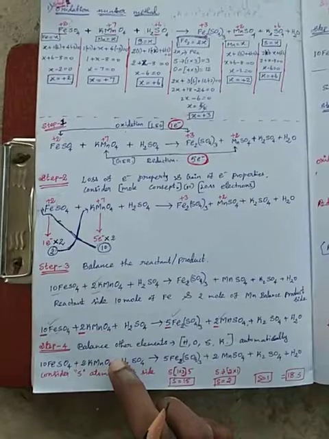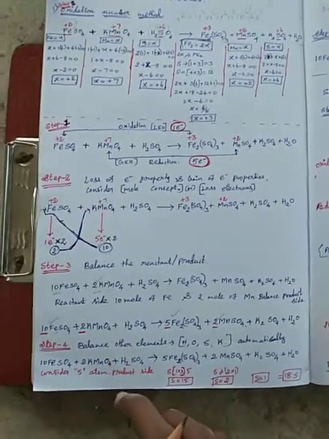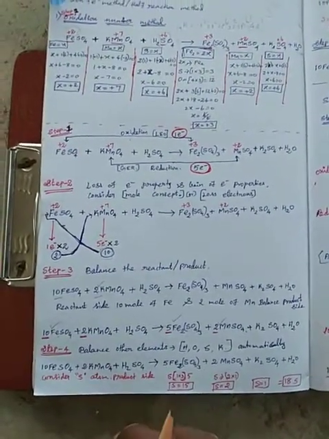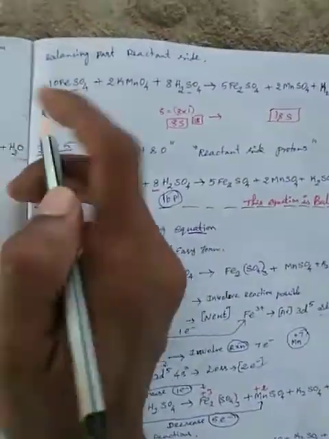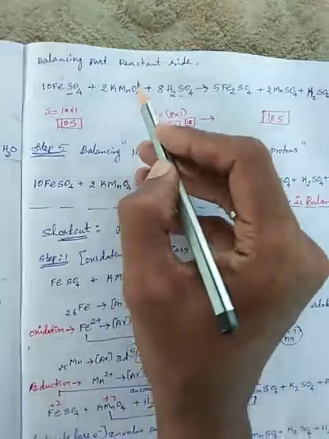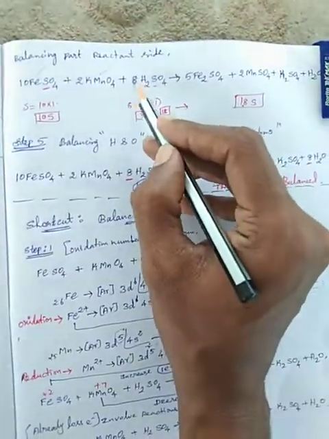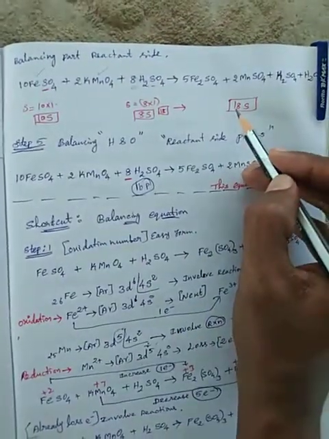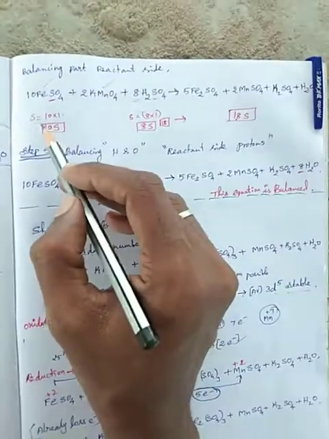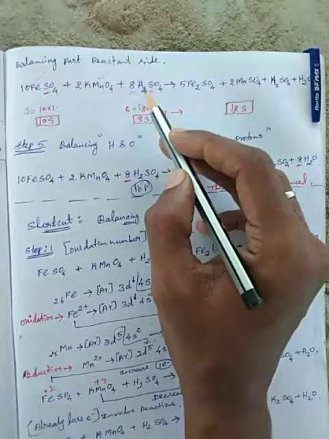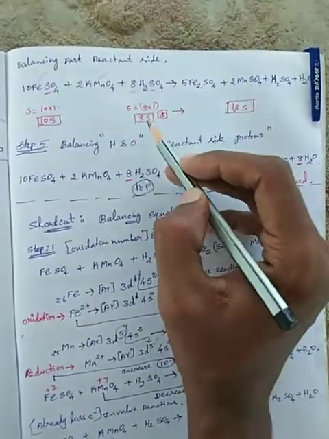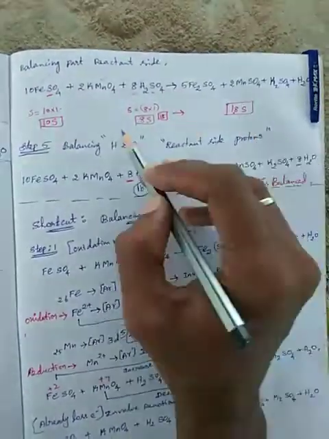So 8 is applied for sulfuric acid, equate the balance of the reaction. Here also complete, here also complete, so 8 times will be applied. Product side 18 sulfur, reactant side first only ferrous sulfate with 10 sulfur, so applying 8 into 1, 8, 18 sulfur will be balanced.